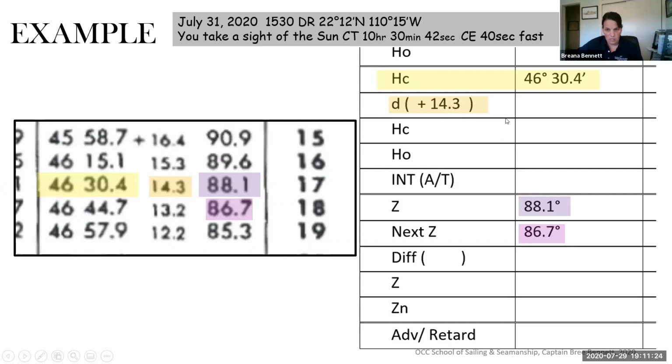And then we're going to get ready to interpolate, but I'm just plugging in our numbers here. Our Z for our 17 was 88.1, and then the next Z for 18 degrees was 86.7. So I know with my declination being 57, I'm going to be pretty close to that 86.7 number. But we will do the math to calculate exactly what it will be.